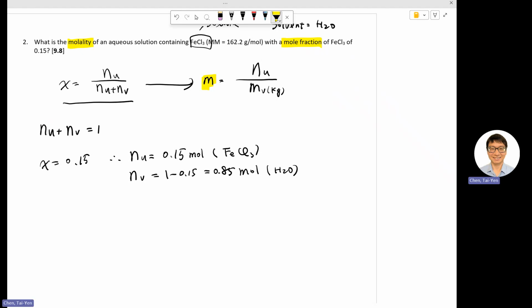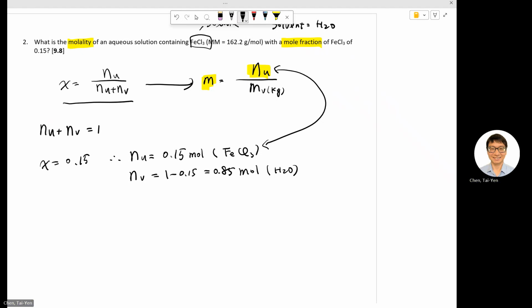So in order to calculate small m, you need what? The number of mole of your solute, and then kilogram of your solvent. What are the things that you know? The number of mole of your solute is known, right? So you know your numerator already.